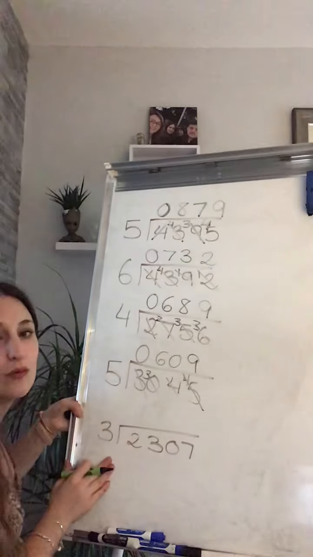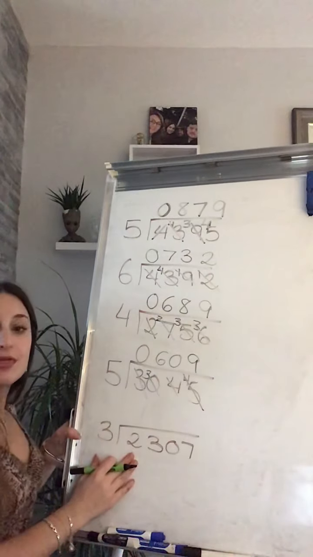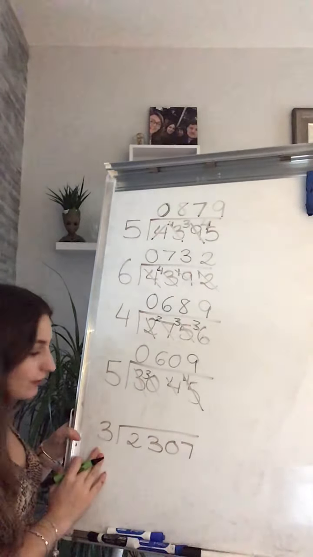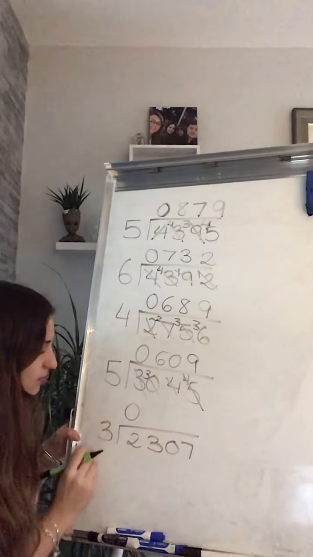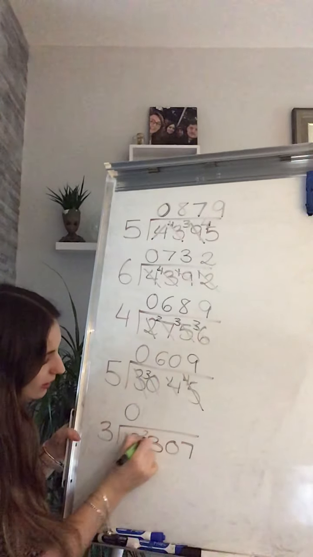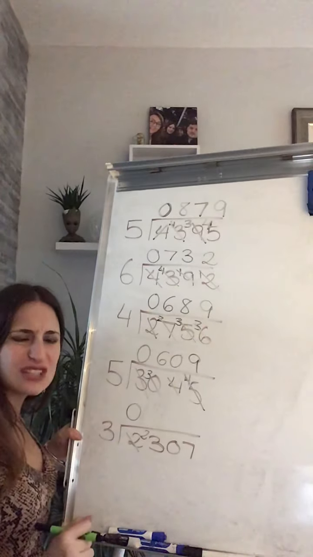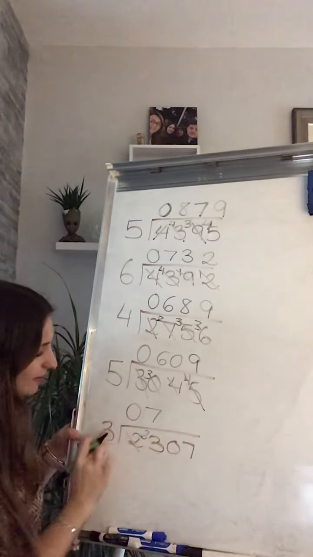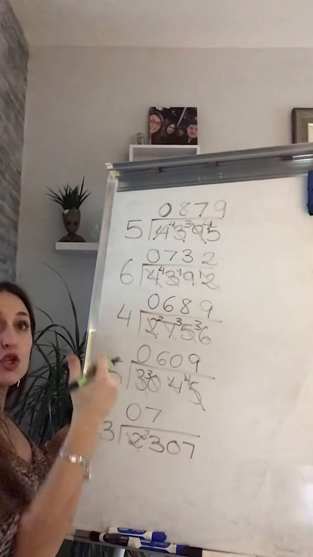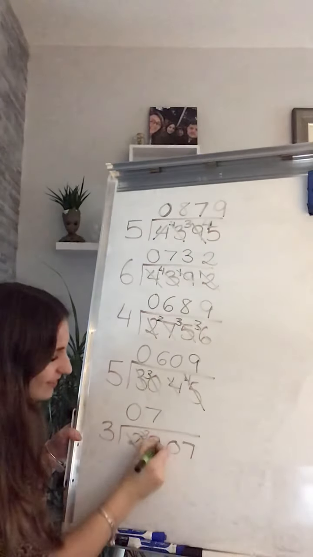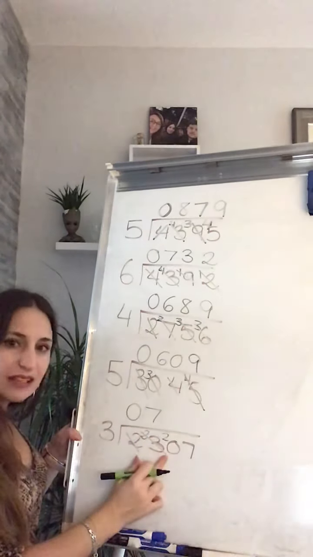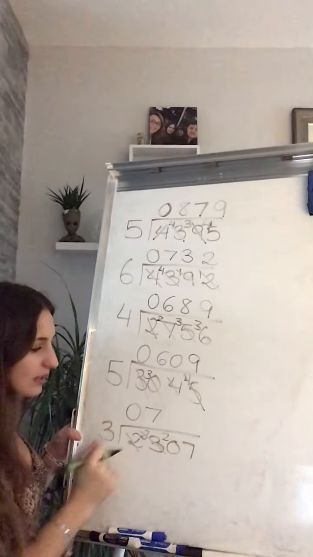And let's go for my next one. 2 divided by 3, I cannot do that. So 0, and I carry that to here. 23 is not on my 3 timetable, is it? Closer one is 7 times 3 is 21, 22, 23, I carry 2 over. 20 on my 3 timetable is not either.